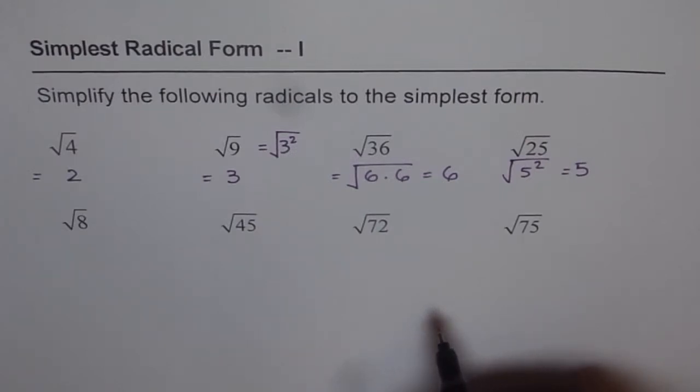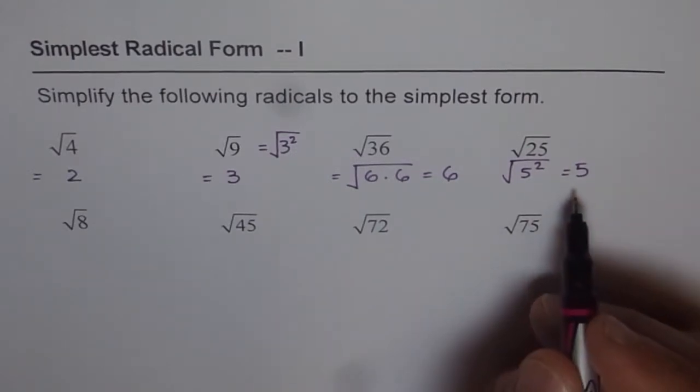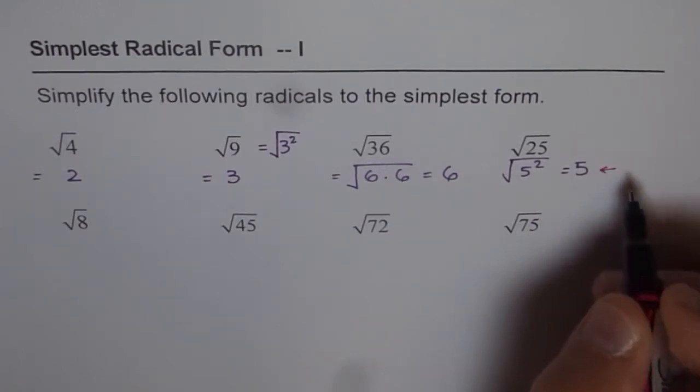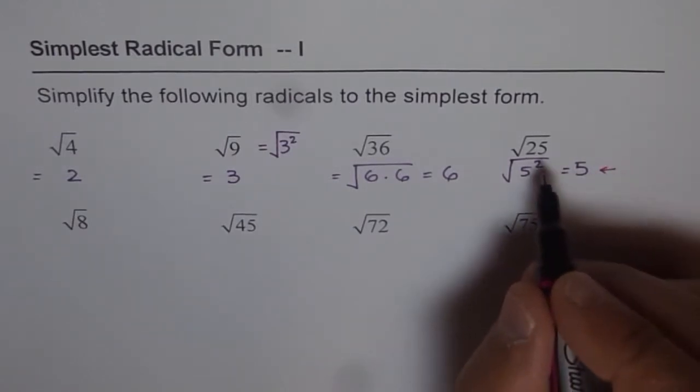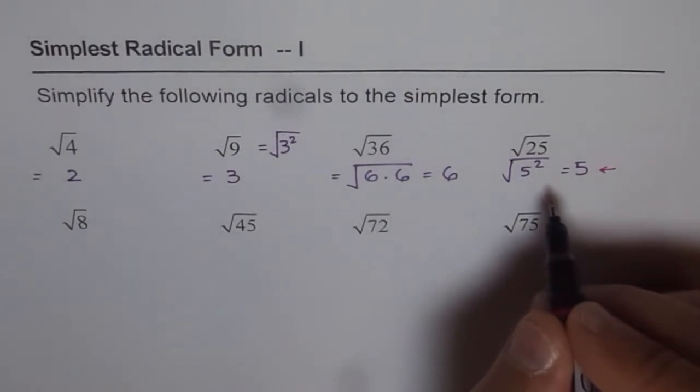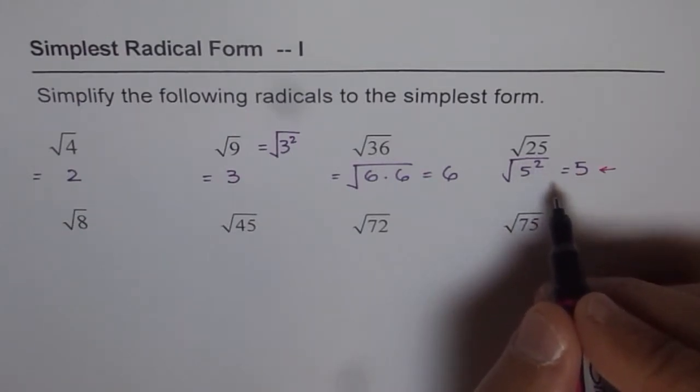That is most important to understand. So this is one case, not radicals. And that is the case when you're finding radicals for perfect squares, right? So that is the whole idea. The only way to simplify is to find a factor which is a perfect square.